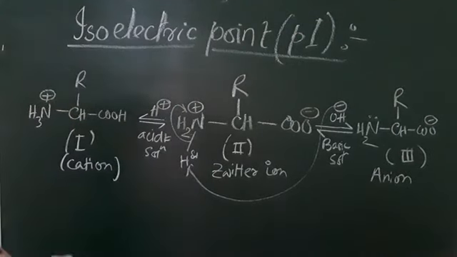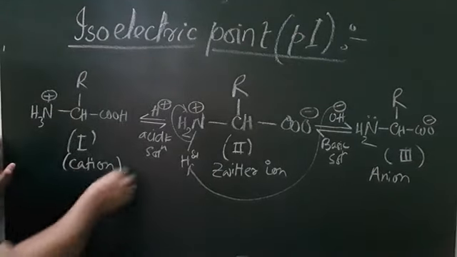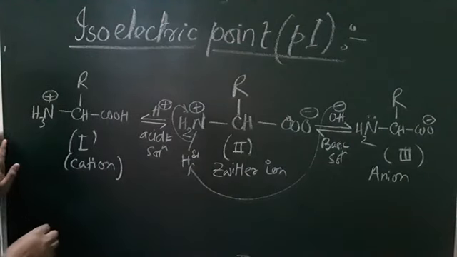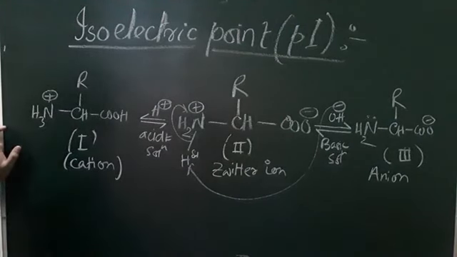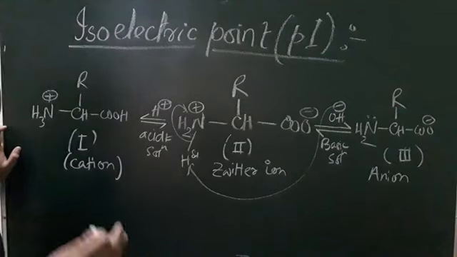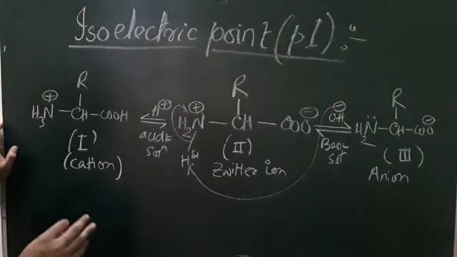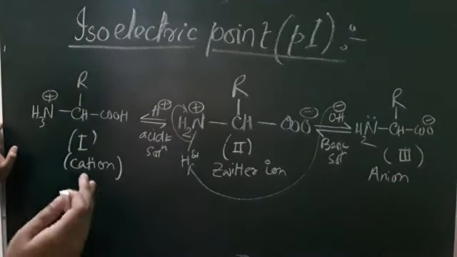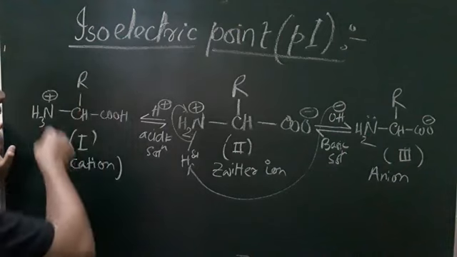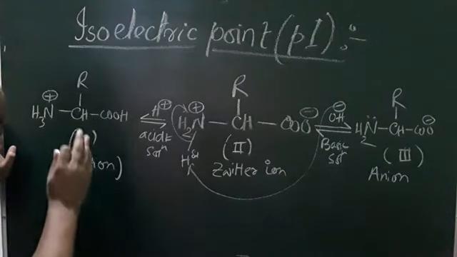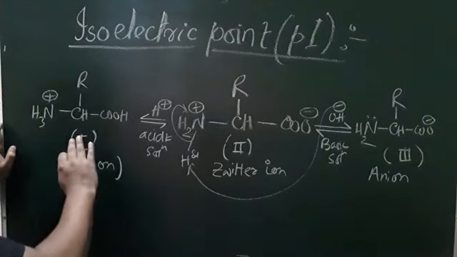But here you see, now in this acidic solution, if we applied an electric field, suppose if we use cathode and anode, so what will be the result after the application of this electric field? This is cation, so in this acidic solution, this cation will migrate towards cathode.